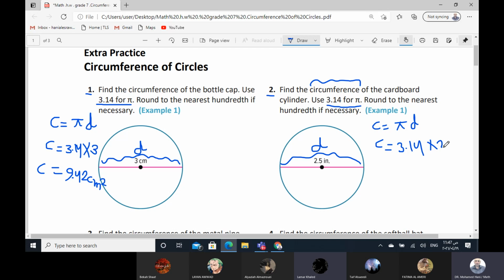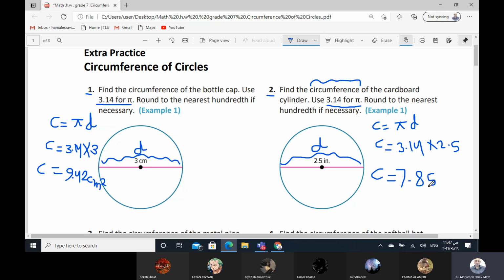Great. So pi equal 3.14 and the diameter equal 2.5. So C equal now 3.14 times 2.5. The answer will be 7.85.